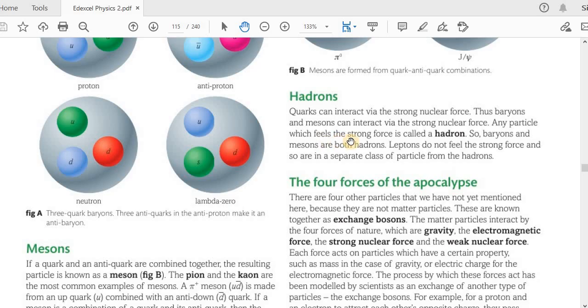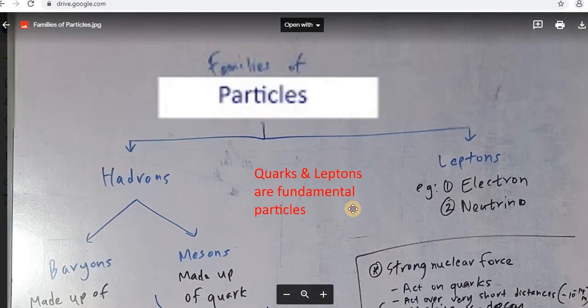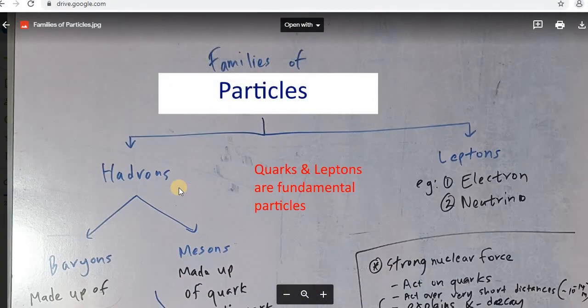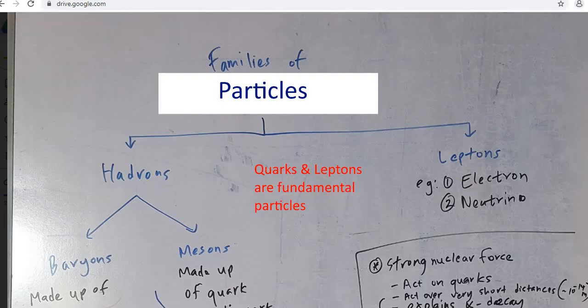Any particle which feels the strong force is called a hadron, so baryons and mesons are both hadrons. Leptons do not feel the strong force, and so are in a separate class of particles from the hadrons. You can see I have classified it here: families of particles, hadrons and leptons. Quarks and leptons are fundamental particles.